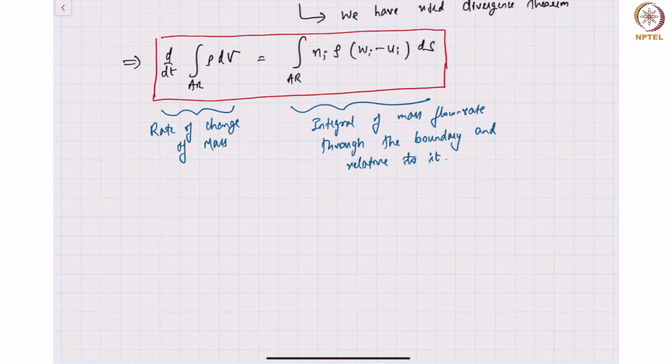A part of the boundary is shown here. Now this boundary itself is moving at various locations with a velocity of Wi. And further, there could be some velocity passing through the boundary. This is velocity Ui. Okay. So the right hand side basically tells you the mass flow rate through the boundary and relative to it. And the left hand side is the rate of change of mass.